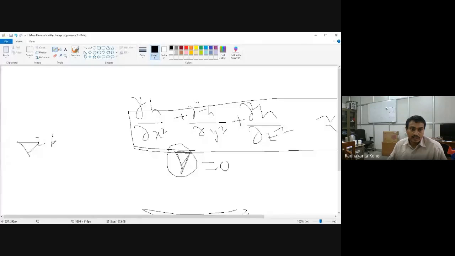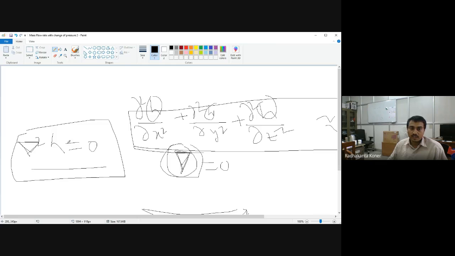This Laplacian operator can also be written as del square H. In this form also, this del operator is the general expression for the Laplacian operator.